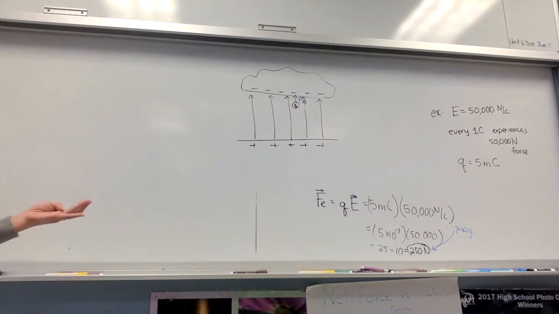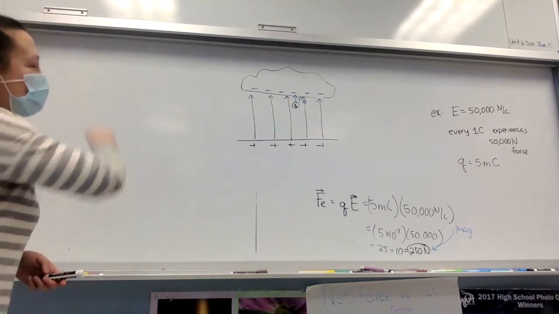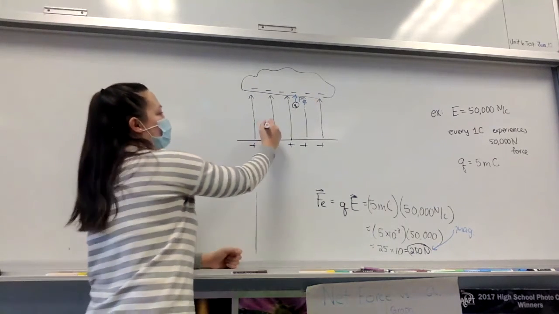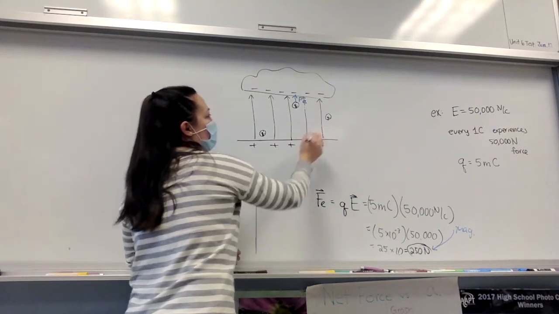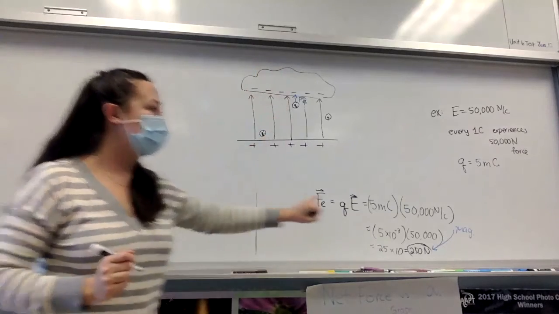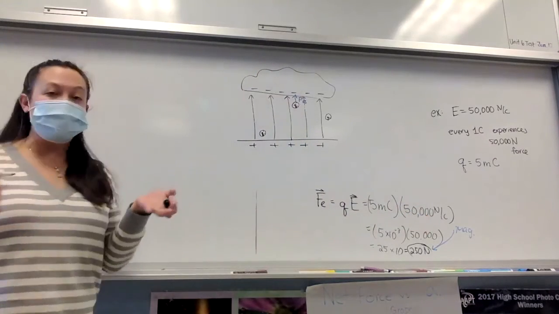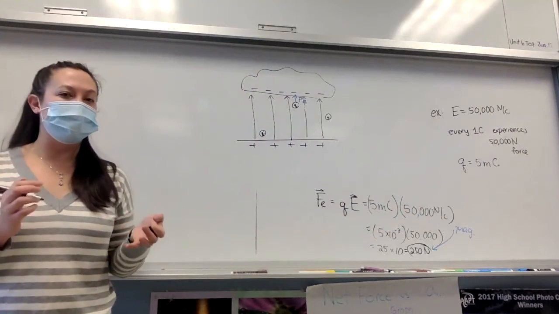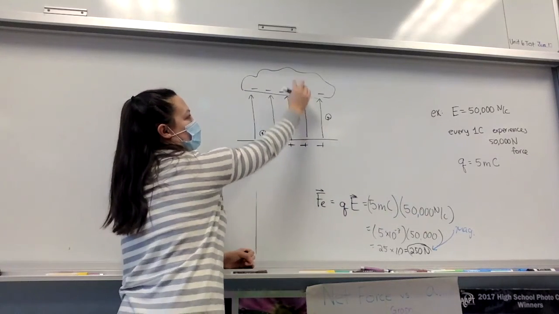Some fancy things or things to note. I could be really mean here. Notice anything I put in this field all has the same field value. All of these Q's that I drew, all of those Q's would have the same 50,000. But depending on the sign, the direction might be different. Notice a positive charge goes up because it was attracted to negative.